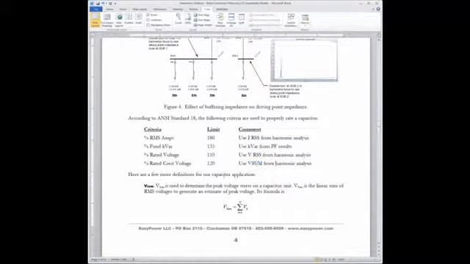Now, basically, each of these can be applied with straight looking at these limits: the 180% for the RMS amps, 135 fundamental kVAR, percent rated voltage 110. However, for the rated crest voltage, I had some discussions with an actual capacitor manufacturer who was involved in ANSI Standard 18.